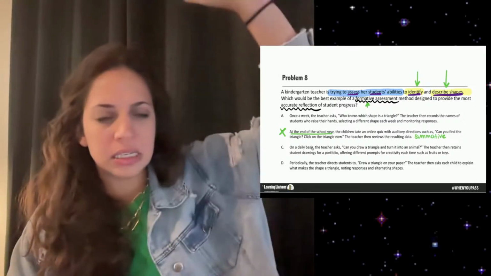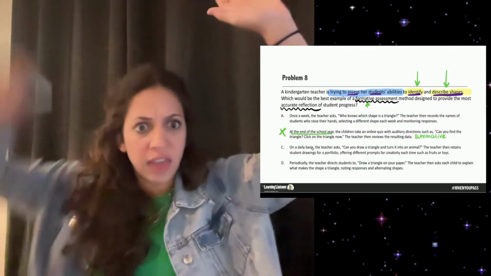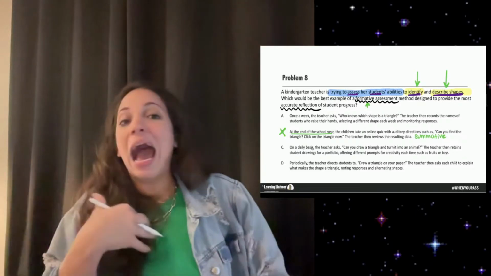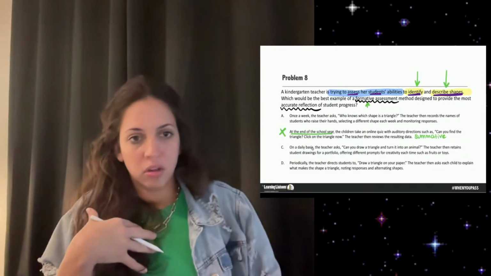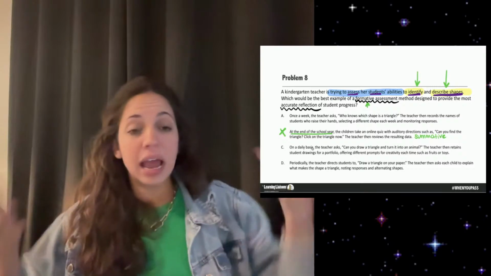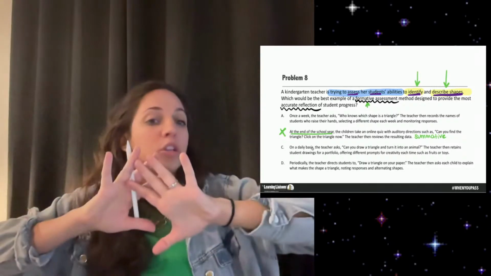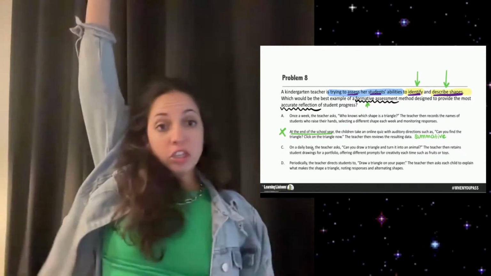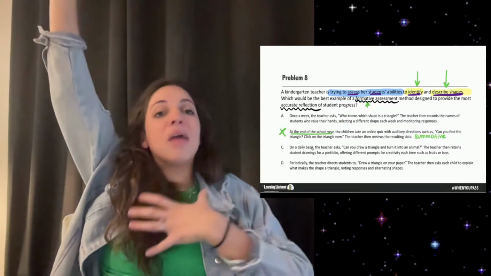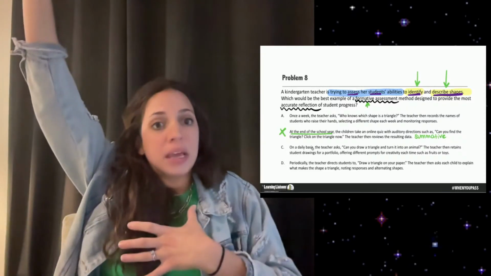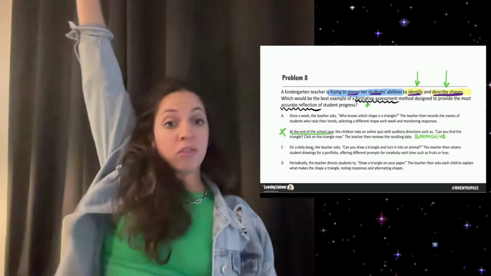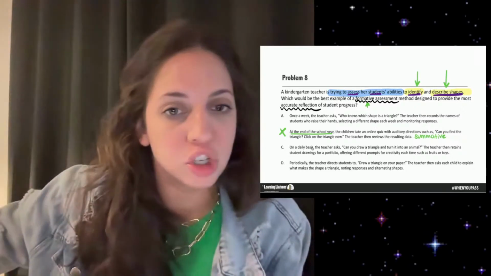When one kid does something, what happens? They all do it. So I'm sitting next to my friend and I have no idea what a triangle is. In fact, half the time I'm spaced out and I don't know what's going on in class ever. But my friend raises her hand. So what am I going to do? Because I want to follow the rules and I want to be compliant, but I have a hard time focusing. I see her raise her hand and I'm going to raise my hand because that's what everybody else is doing.